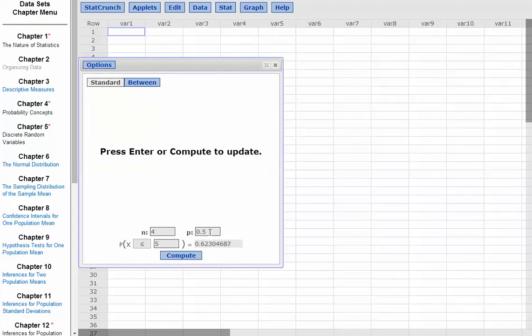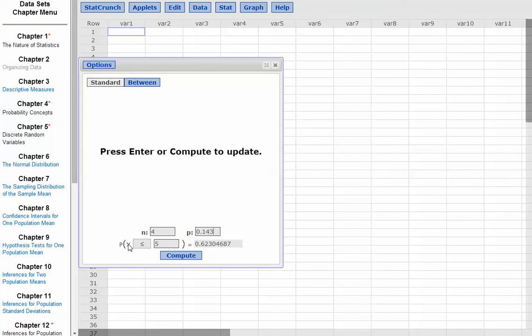So I click back here and change this one to 0.143. Now down here, X, we know the values are from 0 to 4.